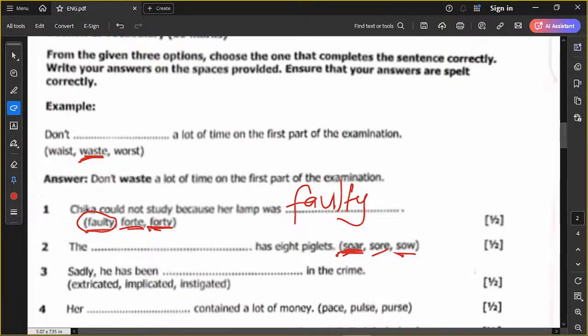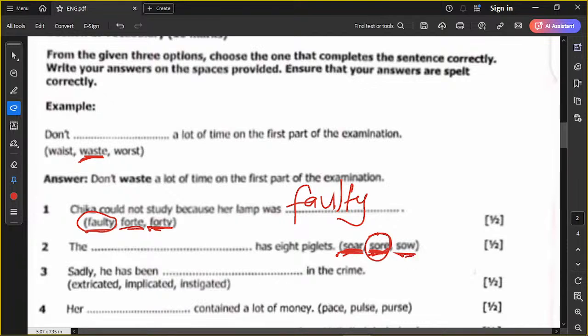Then this one is when you have cut yourself, or maybe you have got a sore. When you say he has a sore on a toe, or a sore on a forehead, or a sore on a hand. In local languages, like Bemba, we say ichilonda, this is the sore.